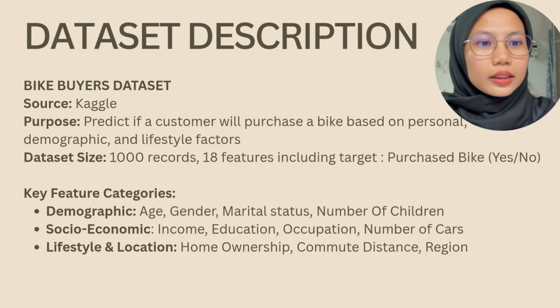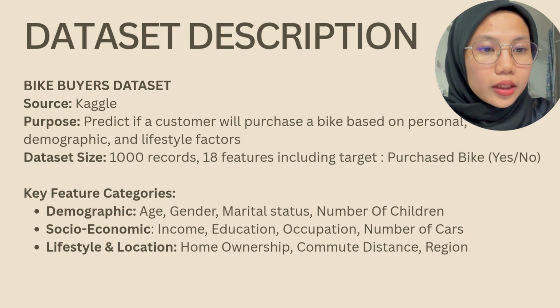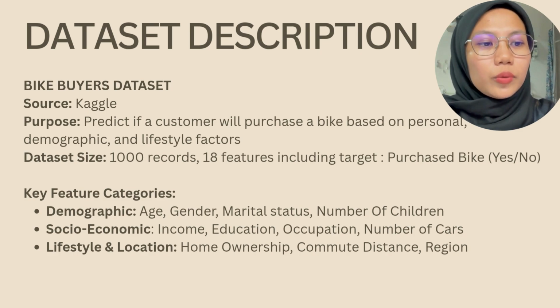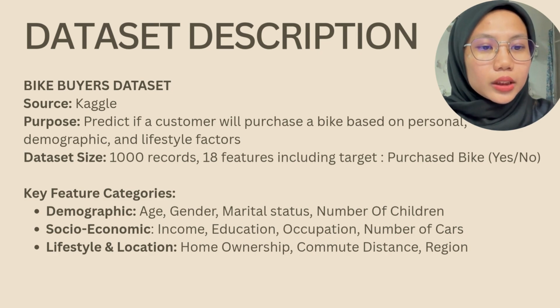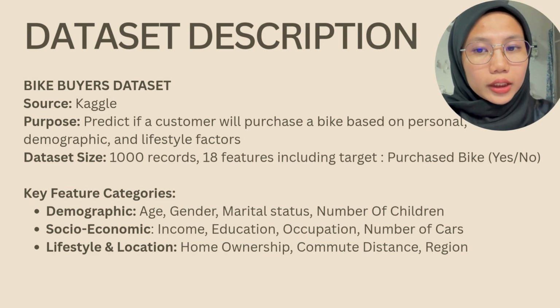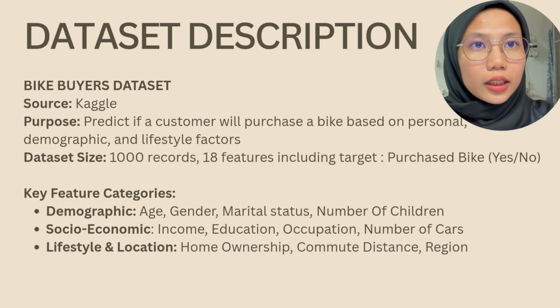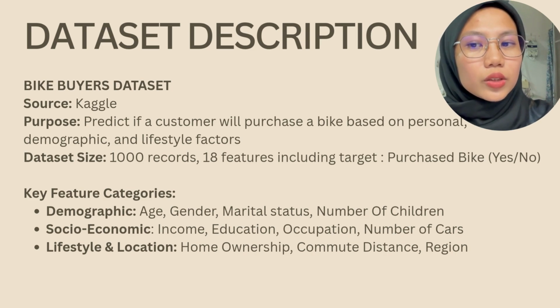Next is the dataset description, which is the bike buyer dataset. The source is from Kaggle, and the purpose is to predict if a customer will purchase a bike based on personal, demographic, and lifestyle factors. The dataset contains 1,000 customer records and includes 18 features with one target variable called purchased bike.